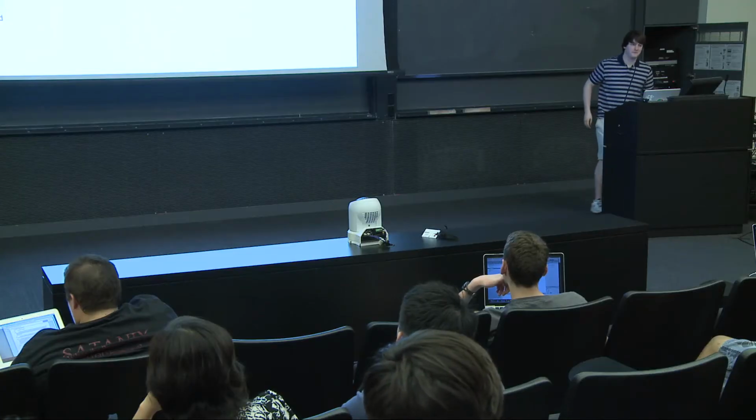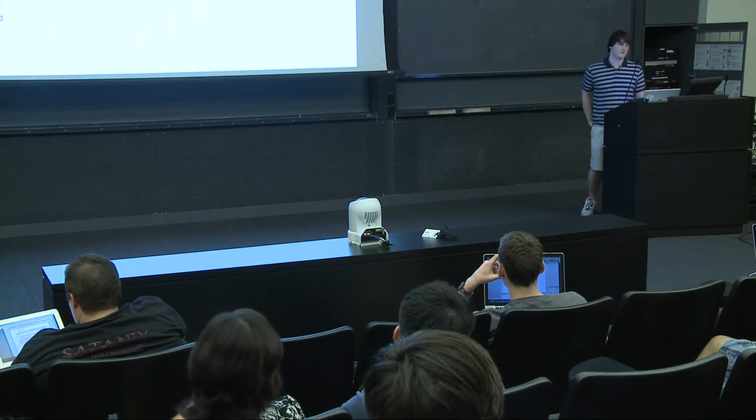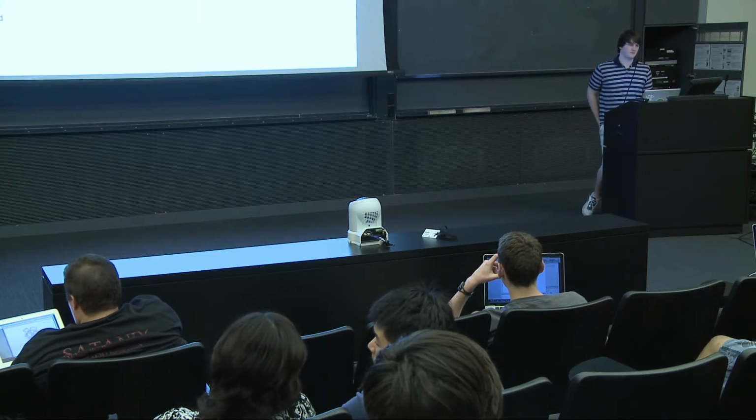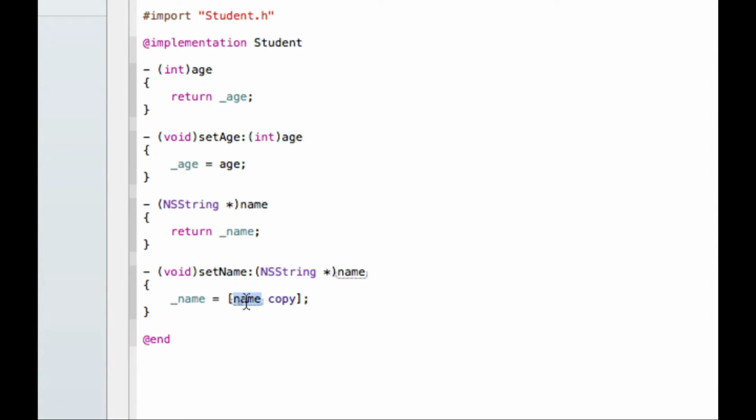Yeah. Well, because it's an object, you'd be modifying the pointer to that object, so you'd be modifying the initial object. Actually, if we did not make a copy of the name, it isn't a threat that we are going to modify that NSString, since we don't have any methods for modifying it.